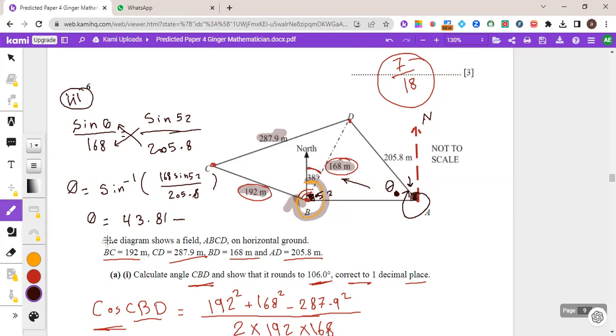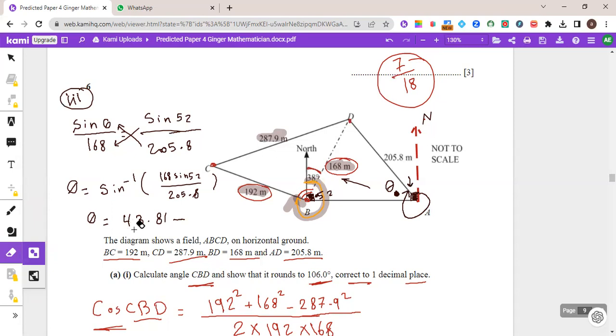I got it as 40. Everyone calculate with us, guys. 40.036. 40, right? Yes.